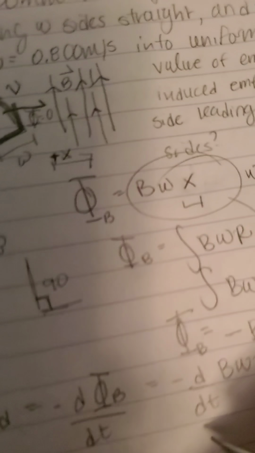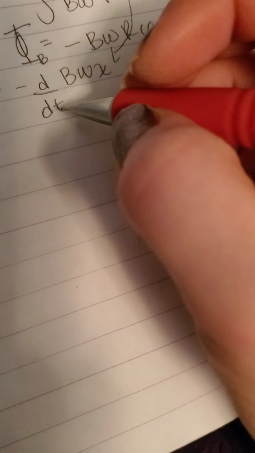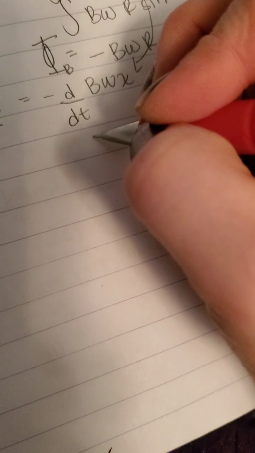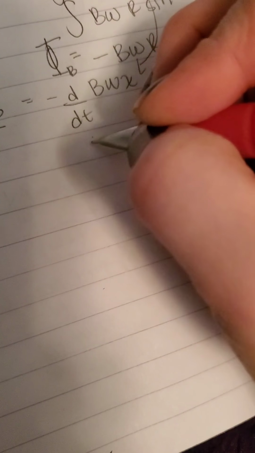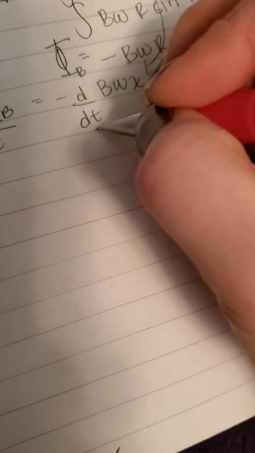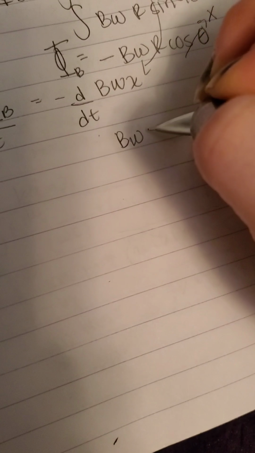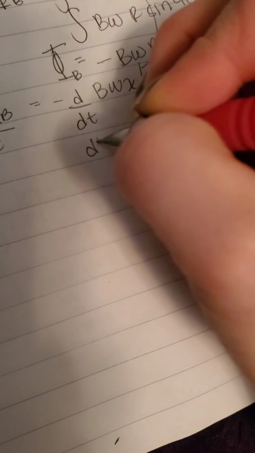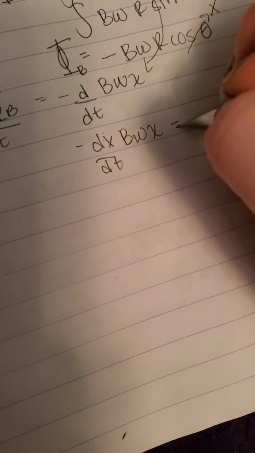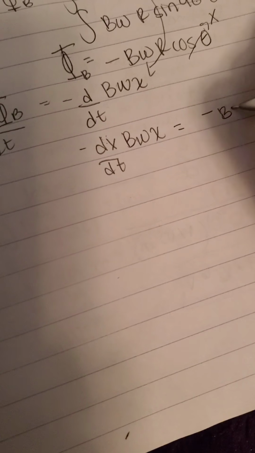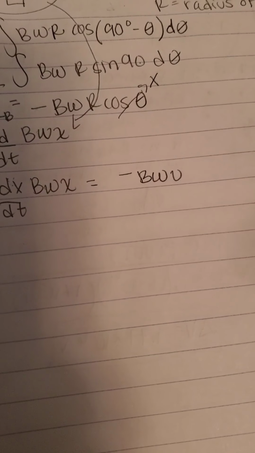And so then, because that is our magnetic flux, we are going to negative d over dt, so that's B w x dx dt. And then dx dt is equal to, that's nice, B w v.